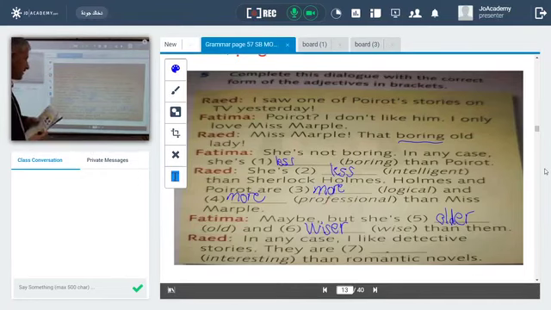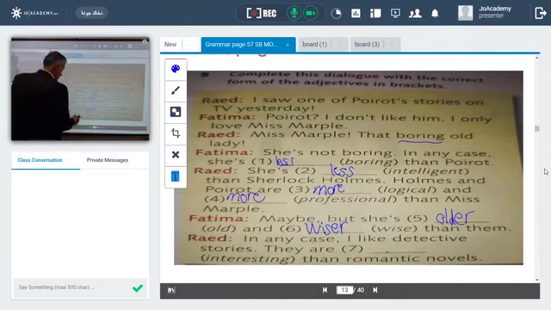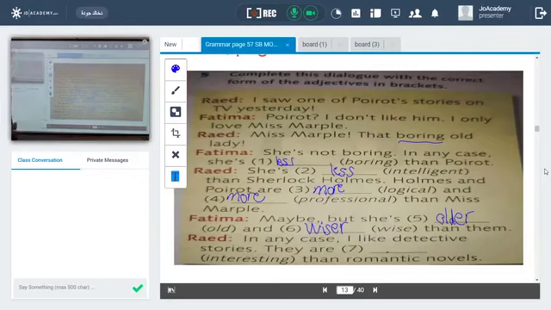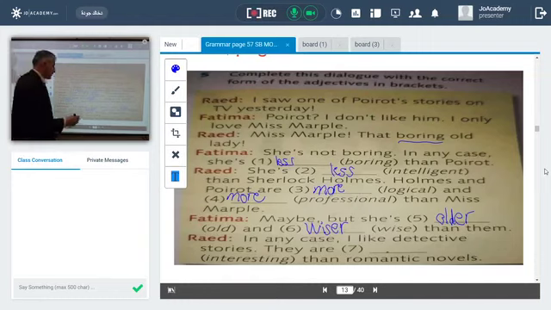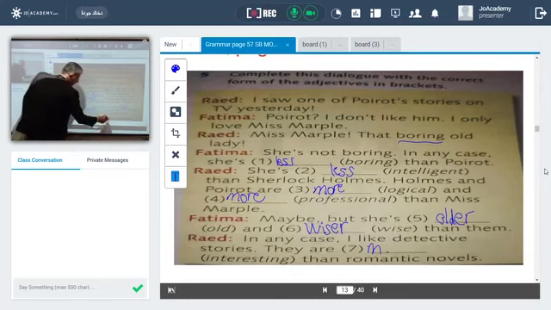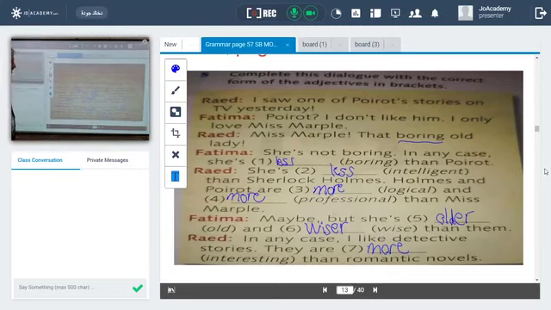They are, we have the adjective interesting. So interesting, it is 3 syllables. So I can say they are more interesting than romantic novels.